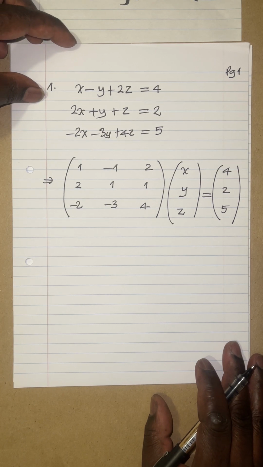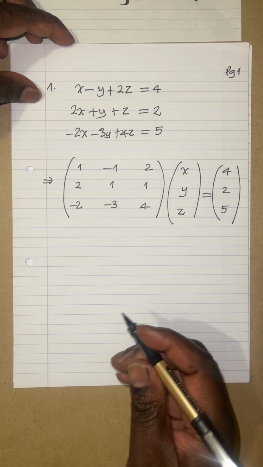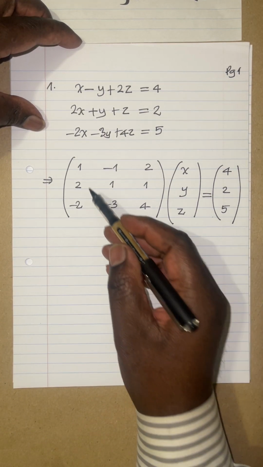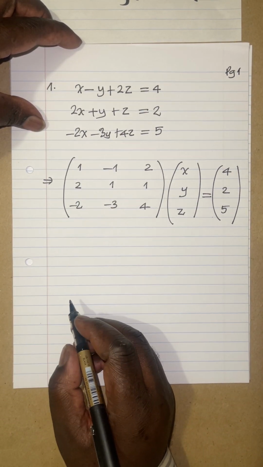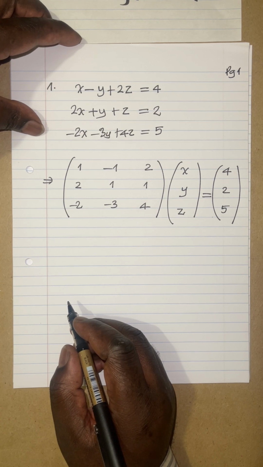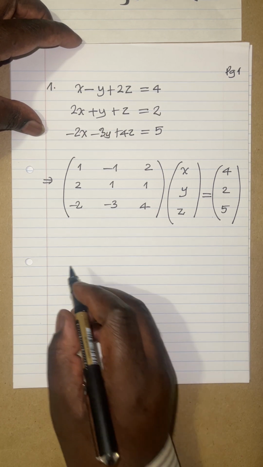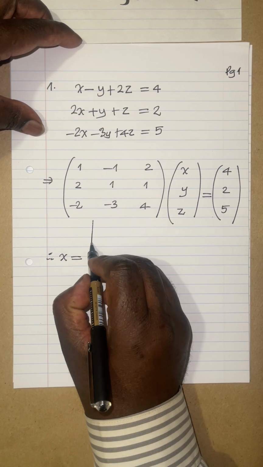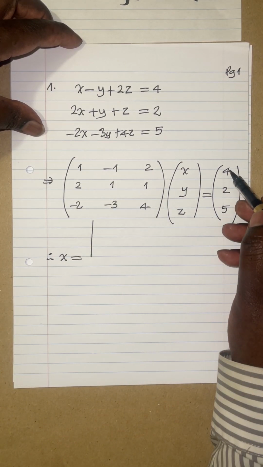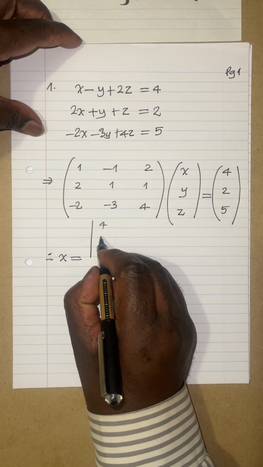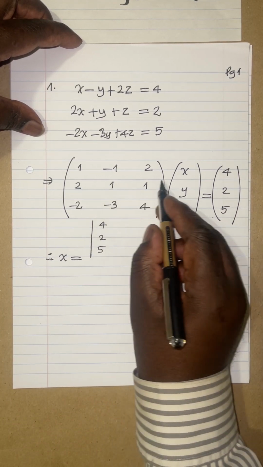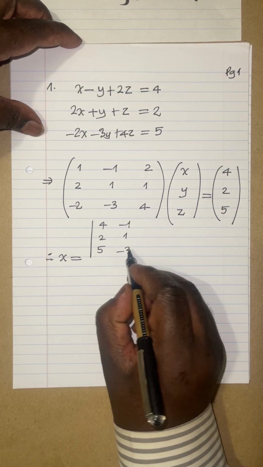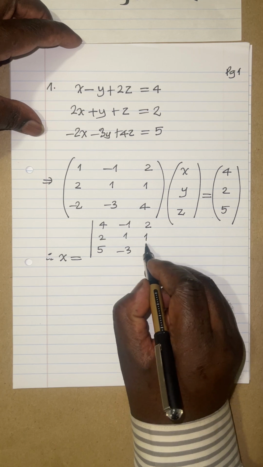Now, remember what I said last time? If we want to determine the value of x, which is going to be our first unknown to determine here, we take these values. They must replace the coefficients of x in the numerator expression for the value of x. So x is going to be equal to the determinant of replacing these numbers with these numbers, 4, 2, 5, and the rest of them must remain exactly how they are: minus 1, 1, minus 3, and then 2, 1, 4.